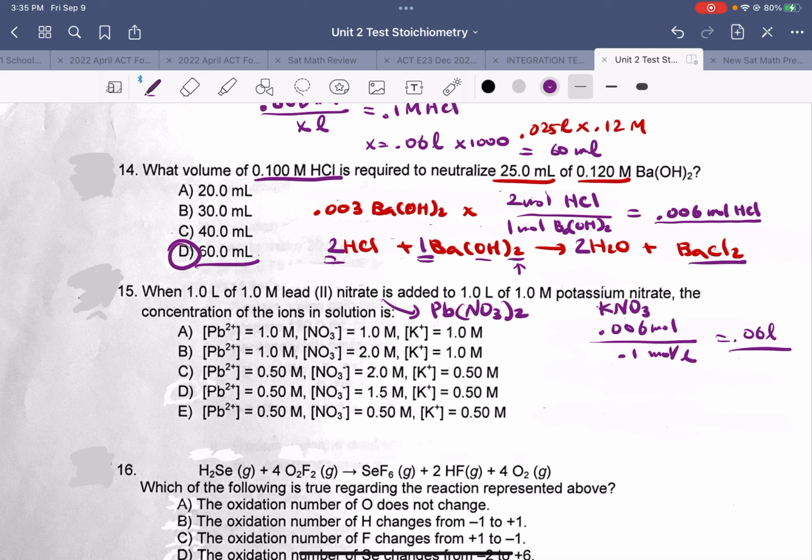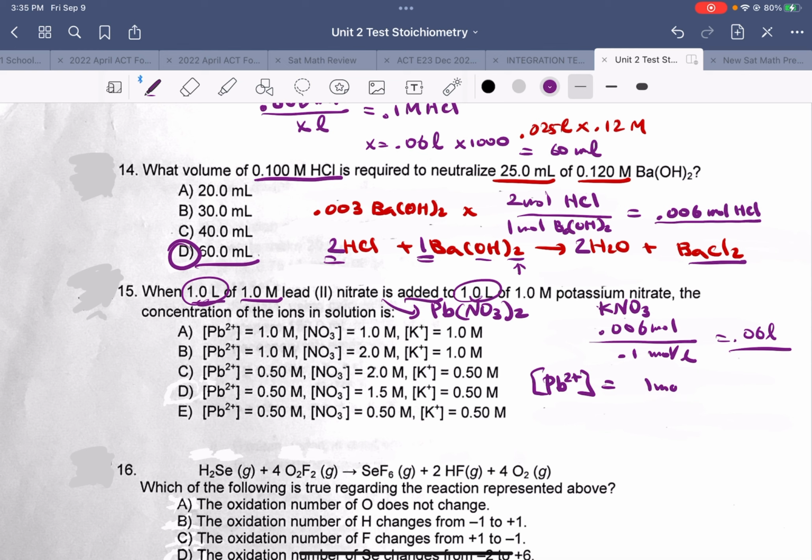So when you add it together, your molarity is not gonna stay, because actually 1 liter plus 1 liter is 2 liter, right? So when you talk about Pb2+, the lead ion is basically 1 molarity times 1 liter, that's 1 mole, right?